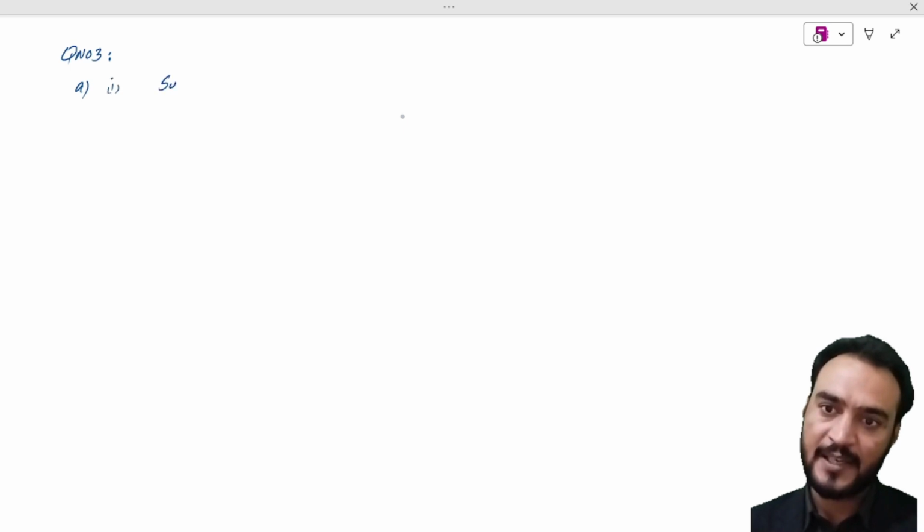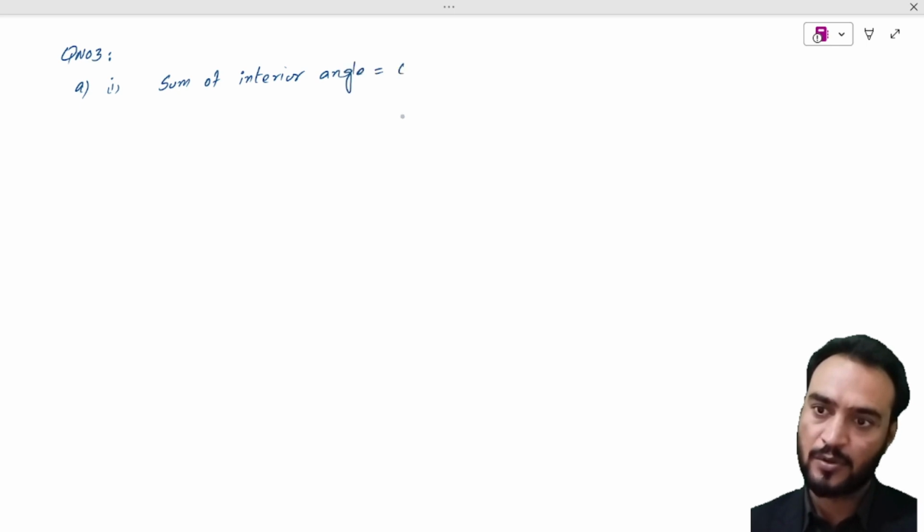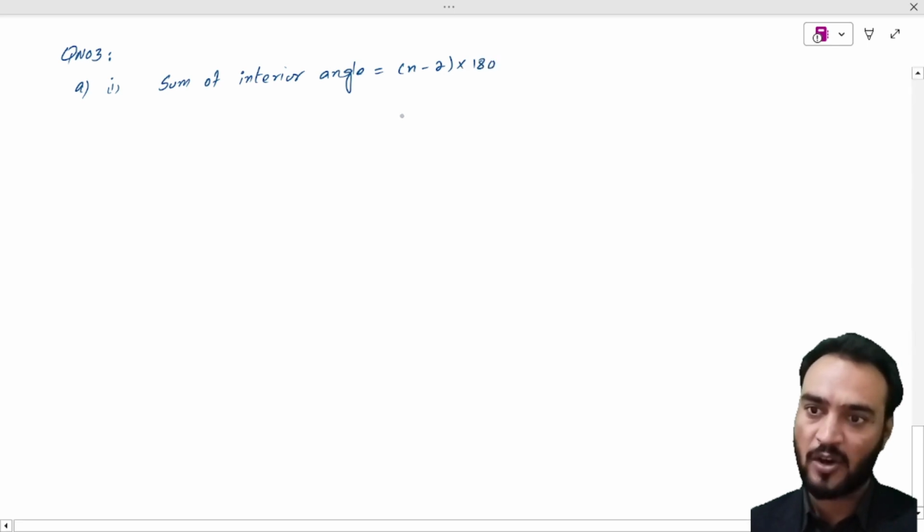Sum of interior angles is equal to n minus 2 times 180 degrees. As the polygon is a hexagon, we put the value of n equal to 6 because the hexagon has 6 sides.